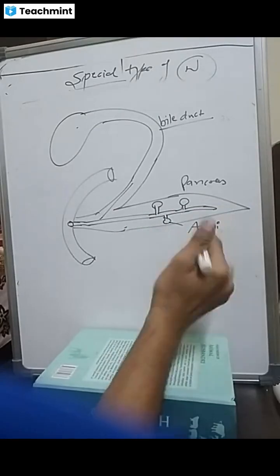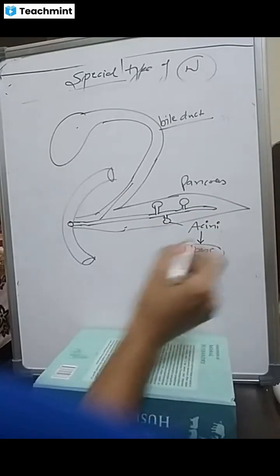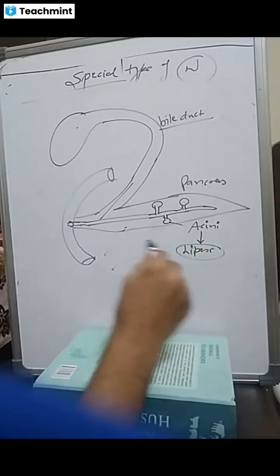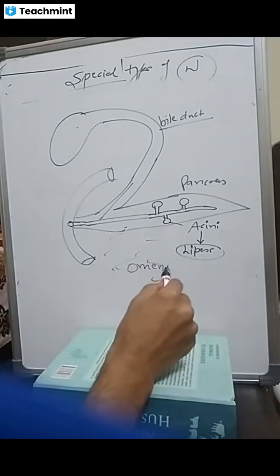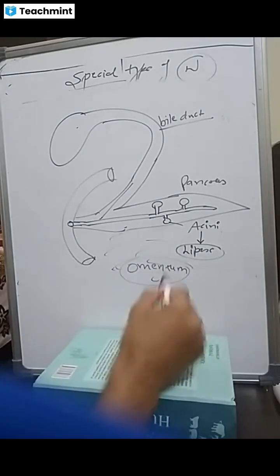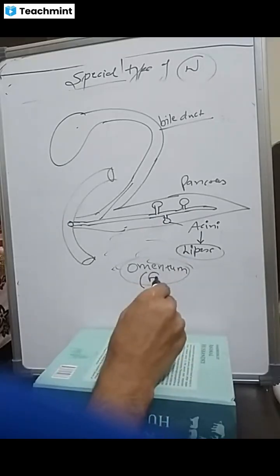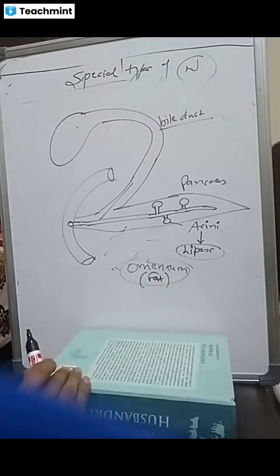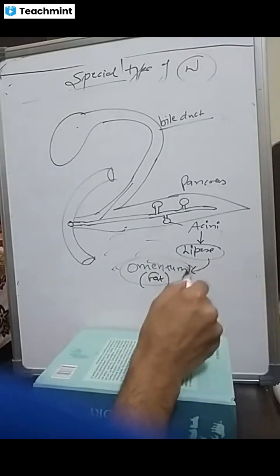From the acini, what comes out? Lipase. The outside structure here is called the omentum. Omentum is having fat. This lipase will act on the omentum fat.